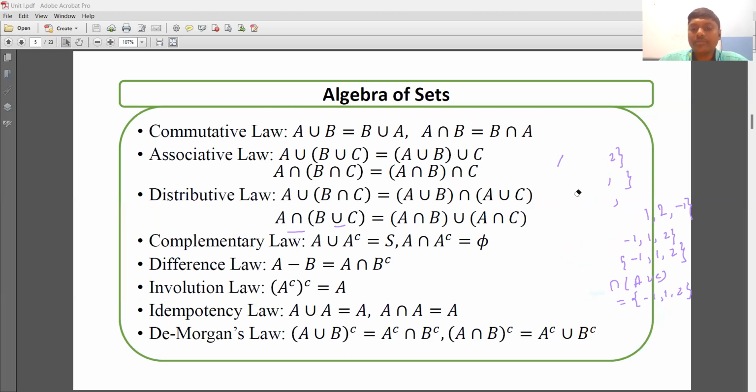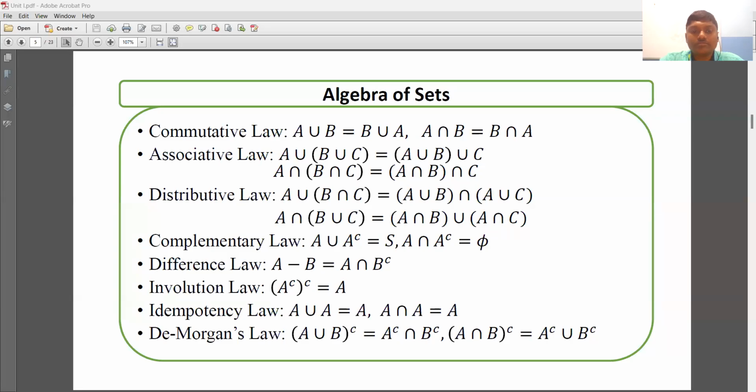Okay. So the next law is the complementary law. Complementary law means if I take the union of the set with its complement, then it will give you the whole universal set. We have already seen that from the definition of the complement of a set.